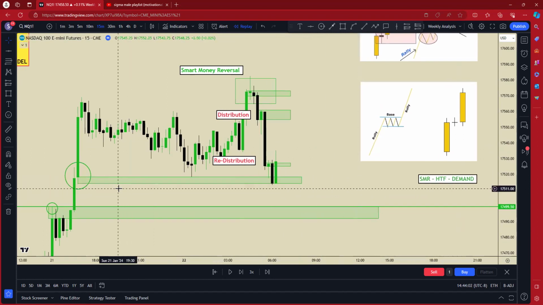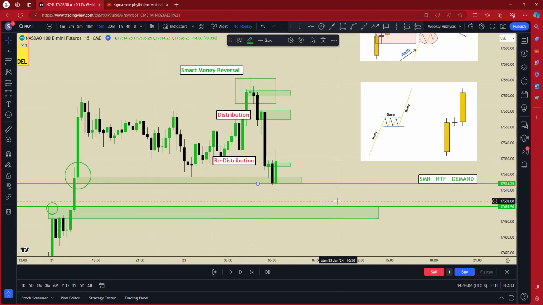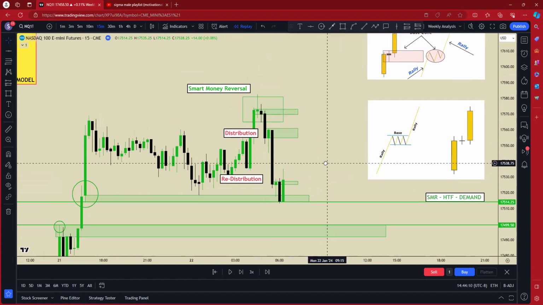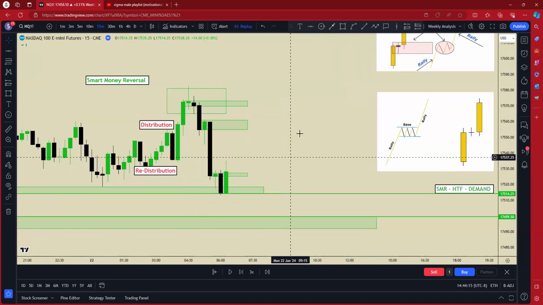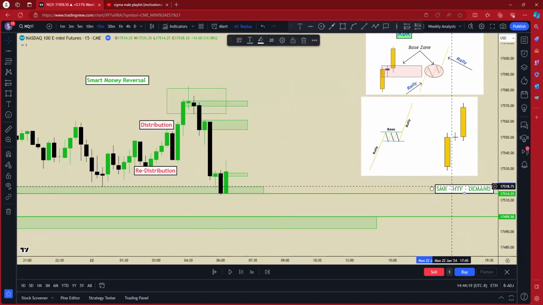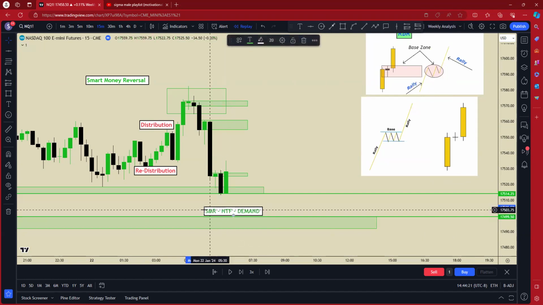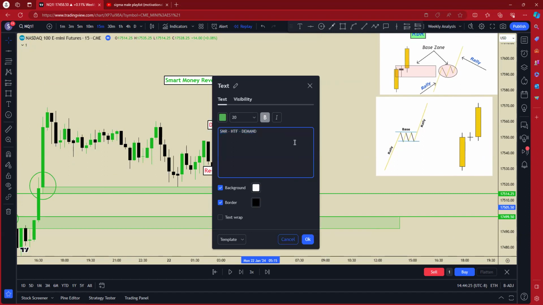So we have two areas that we can bounce from that can pull buyer liquidity, which is here and/or here. It is currently 6:15 at this current replay. What we're looking for right now is SMR on a higher time frame demand or liquidity wick.